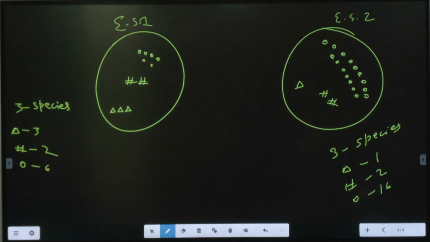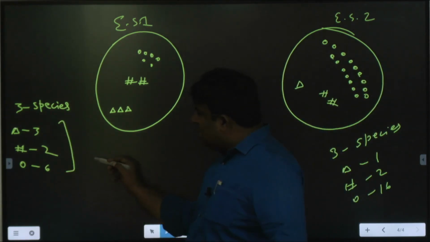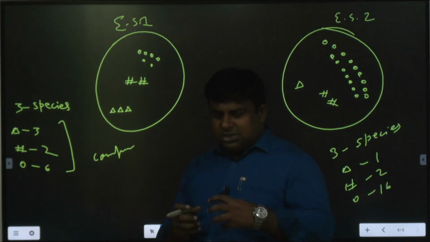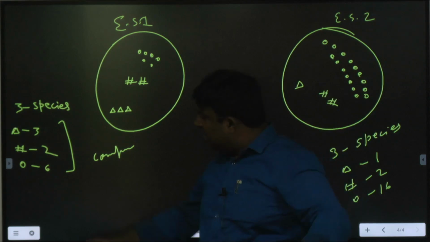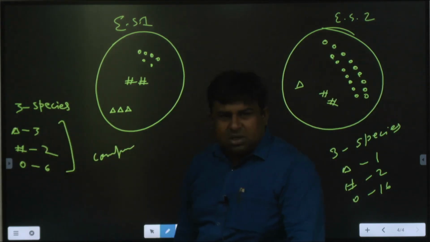But when you try to have a look over population of species in both these ecosystems, so under ecosystem 1, you are noticing that population of these 3 species is very, very comparable of each other. There is no huge difference in population of species. They are very close number, na? 3, 2, 6.